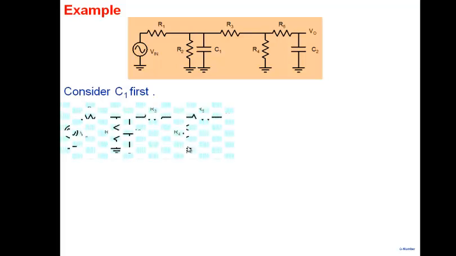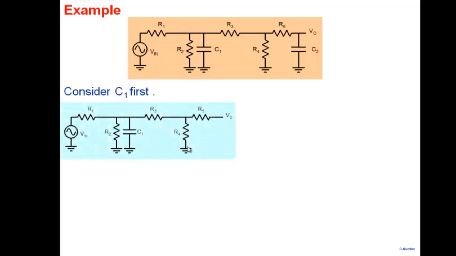Well, consider C1 first. I'm going to open circuit C2. Just to remind you, C1 is here. What is the net resistance seen by C1? I remove the source. Here it's very easy: this one is in parallel, this one is there, you can easily write it down. But if you can't see it directly, you put a source Vx, and there's a current Ix that the source gives you.